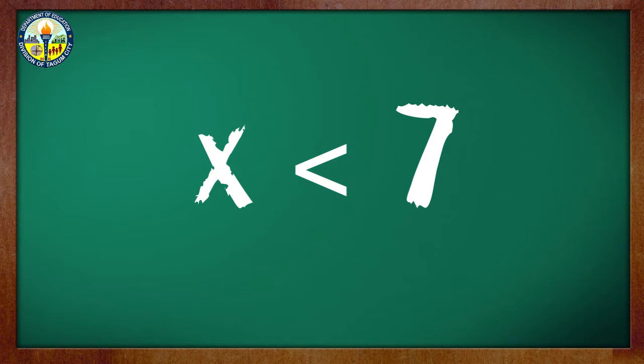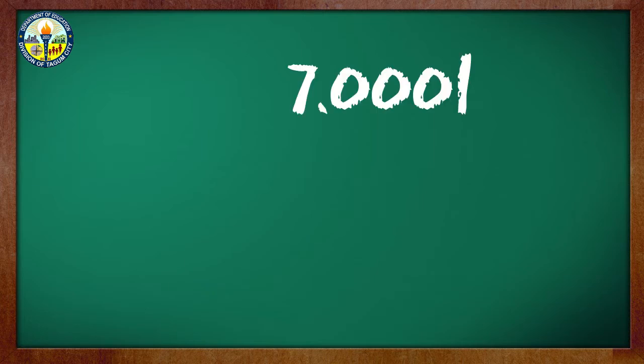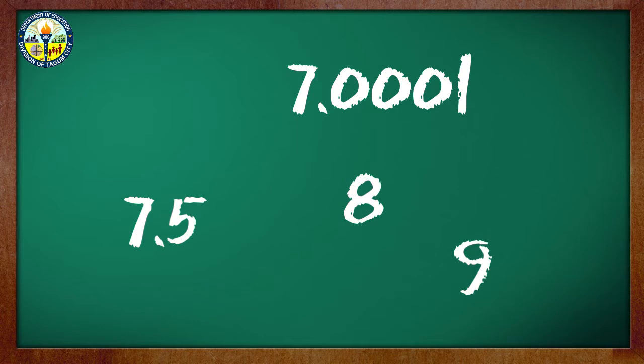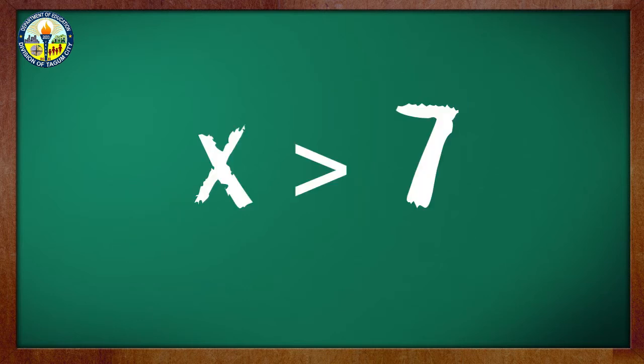In symbols, x < 7. But it can never be 7 because x is less than 7, and cannot be 8 because 8 is more than 7. It could also mean that x has a greater value than 7, like 7.001, 7.5, 8, 9, or higher, but can never be 7 because x is more than 7. In symbols, x > 7.